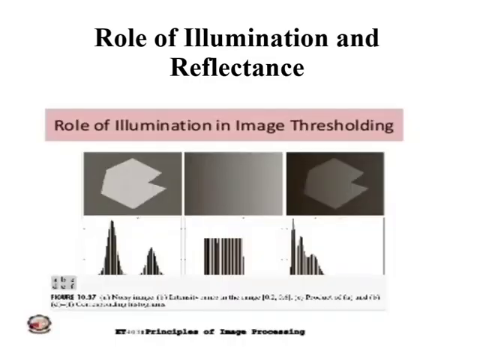Next is the role of illumination and reflectance. The figure illustrates the effect that illumination can have on the histogram of an image. Figure A is the noisy image from Figure B, and Figure D shows its histogram. As before, this image is easily segmentable with a single threshold.